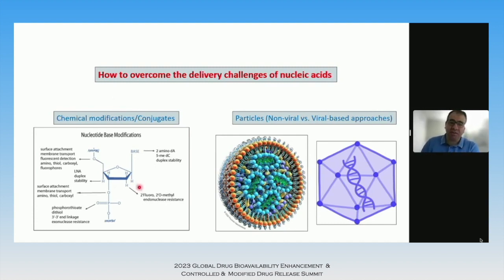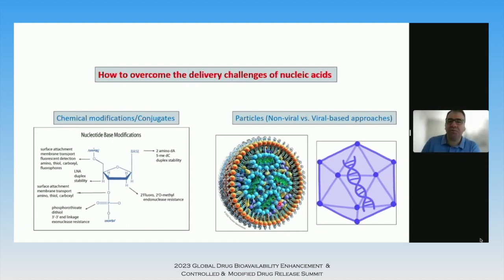But remember, I just mentioned in the previous slide that chemical modifications can only be applied to small oligonucleotides, sRNAs, ASOs, but we have other cargoes like mRNA and CRISPR, which are very large and are biologics. So we cannot use chemical strategies to improve their stability and other problems.